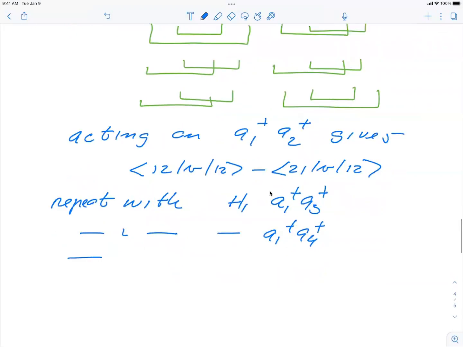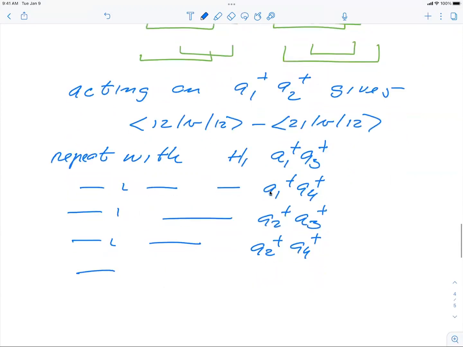And then you would repeat again with A2, a new pair, acting on A3. And then you repeat again with the operator acting on A2 and A4. And finally, you would have A3 dagger on A4. So these are the kind of pairs which you can actually act upon.